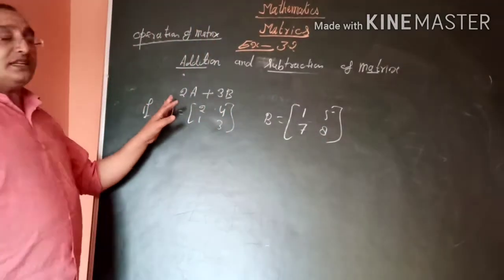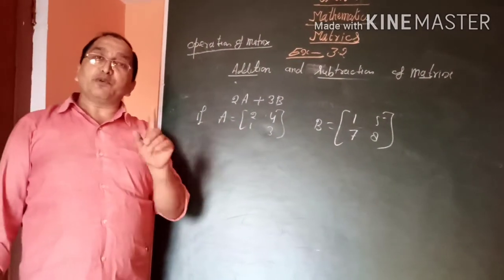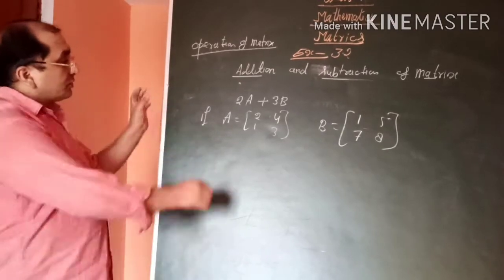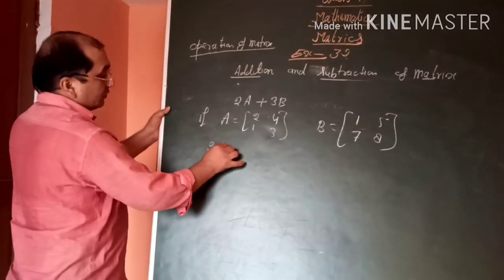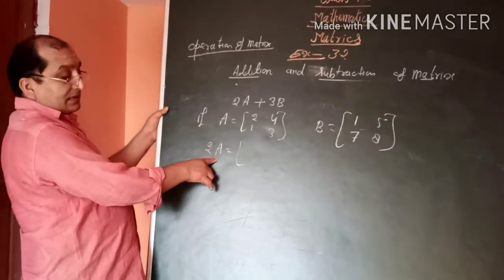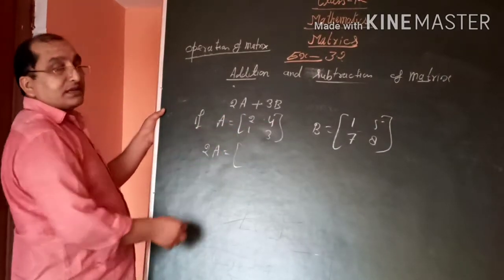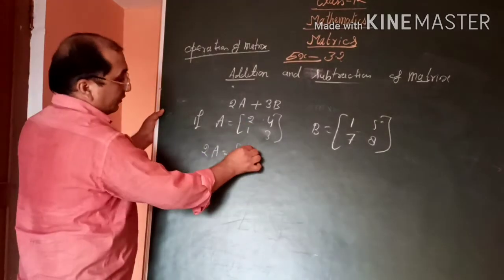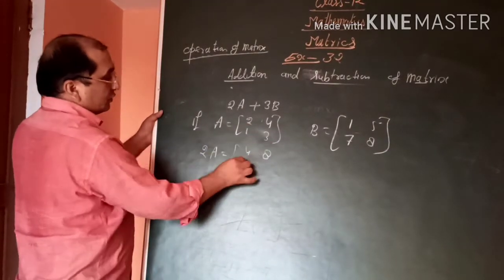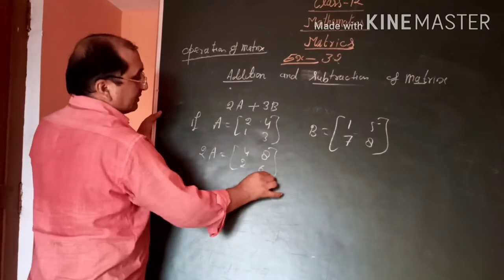Addition and subtraction of matrices is only possible when the order is the same. So how can we find 2A? 2A means the A matrix is multiplied by 2. The 2 will multiply each element of the given matrix. So 2 2s are 4, 2 4s are 8, 2 1s are 2 and 2 3s are 6 will come.